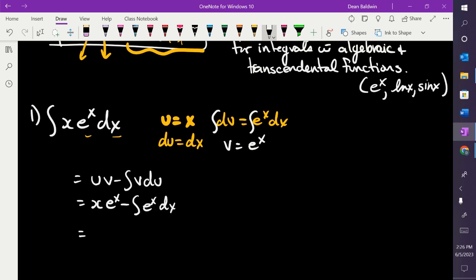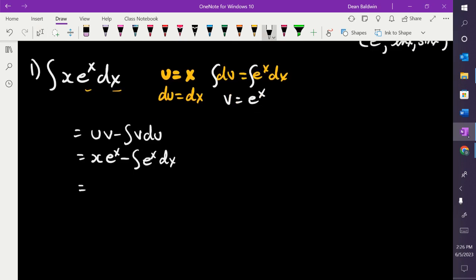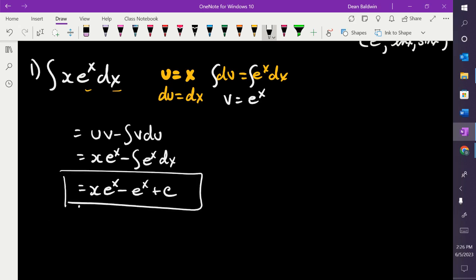So we have one more step. We need to get rid of the integral of e to the x, which is e to the x. So it's x e to the x minus e to the x, tack on a plus c, and that's your answer.